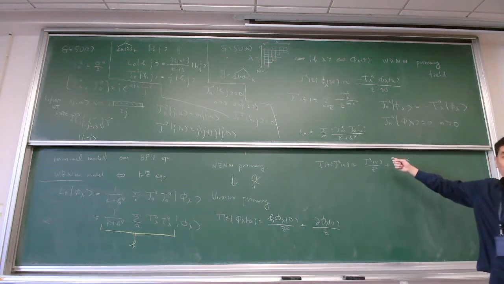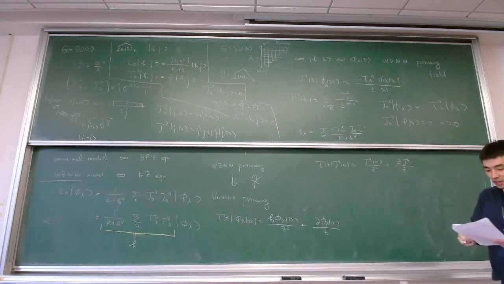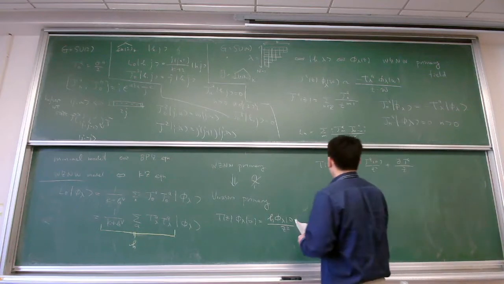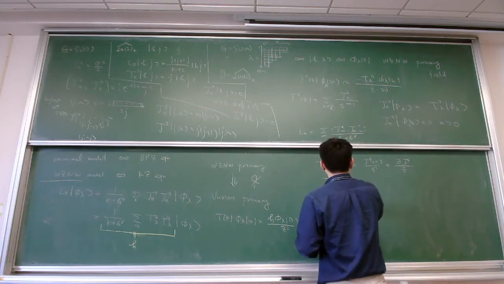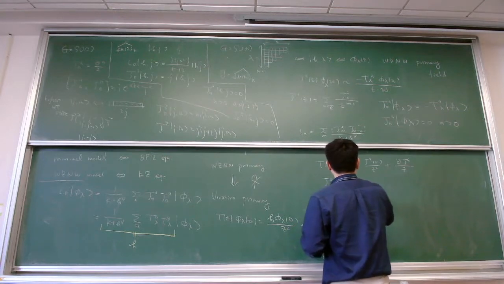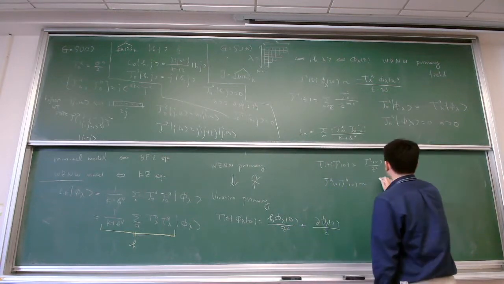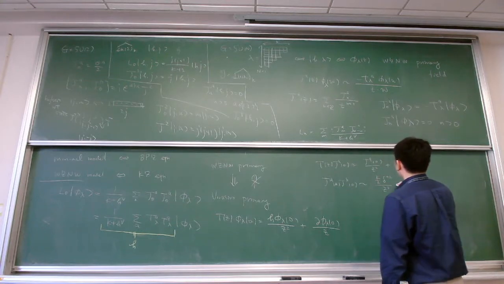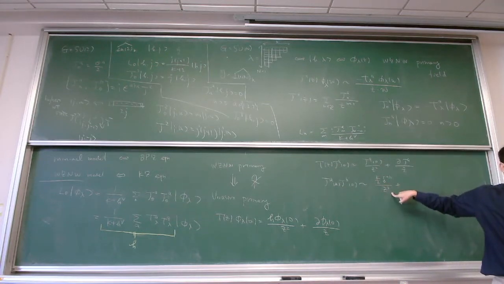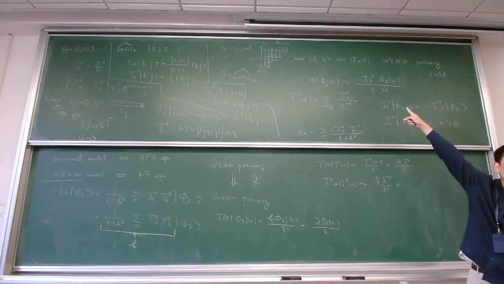So this is already a Virasoro primary. But when you take J^A(z) with J^B(0), we already know this is equal to k over 2 delta^{AB} over z squared, plus i f^{ABC} J^C(0) over z. This is the OPE of JJ, which does not satisfy this condition.